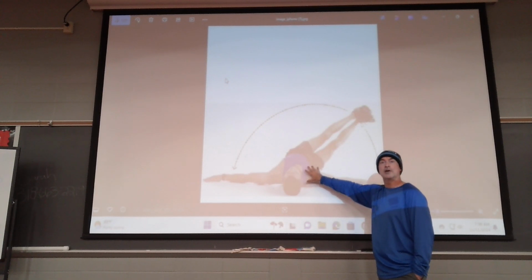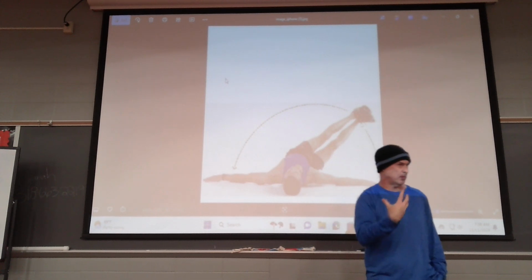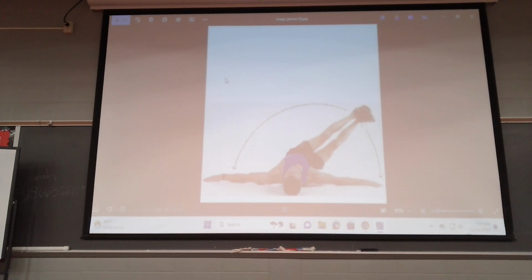So what would gravity be trying to do to the trunk is really the question we want to ask, because now we could say there are trunk muscles, muscles that influence trunk motion. So even though gravity is trying to spin the pelvis, in this scenario it's also trying to spin the trunk. We have agonistic muscles that influence trunk motion. We do not have agonistic muscles that influence pelvic girdle rotation.